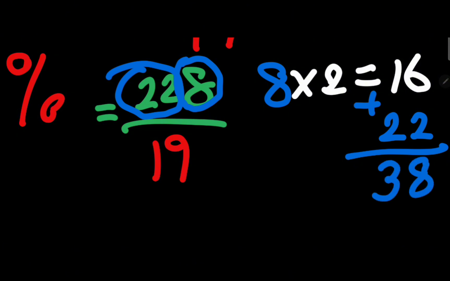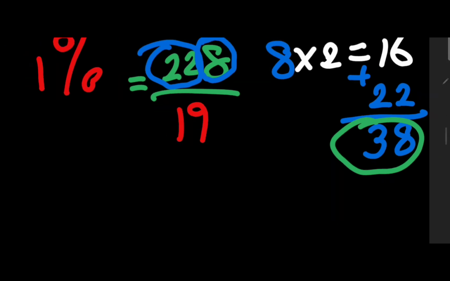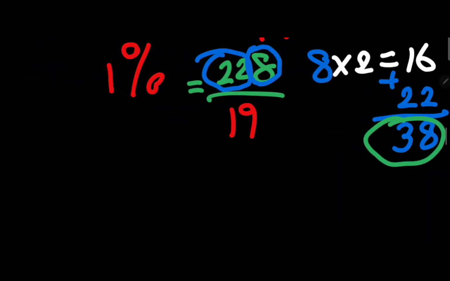Now if the new sum here is divisible by 19, then 228 can be divided by 19. And we know that 19 could go into 38 twice. So there we go. So our 228 is divisible by 19, but now we need to figure out by how much.